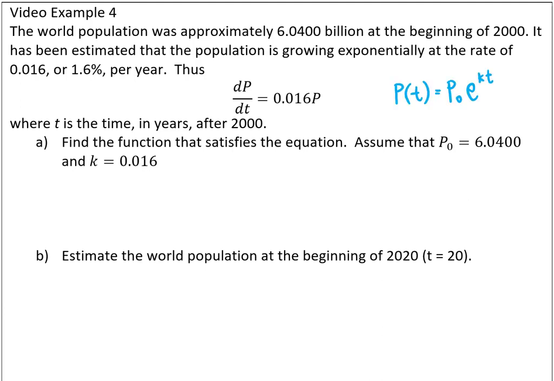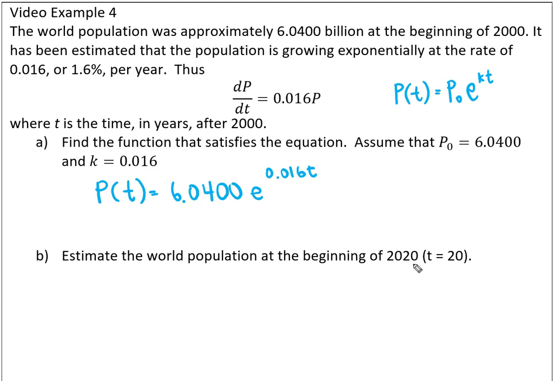Pulling on our previous theorem, we know that P of t will be 6.0400 e to the kt. Now that we have our population function, we can estimate the world population at the beginning of 2020.